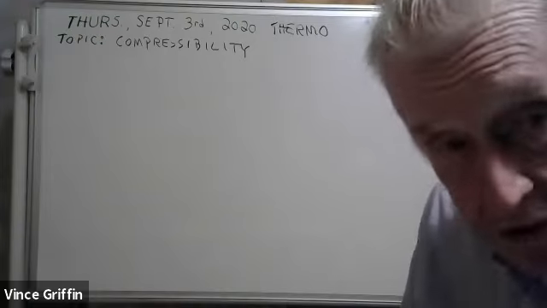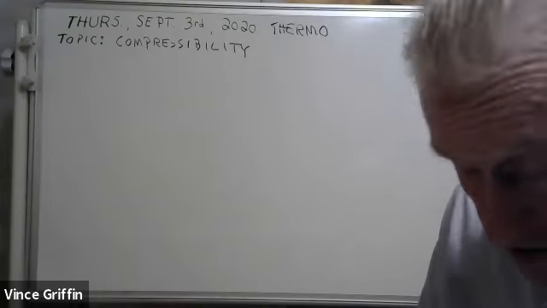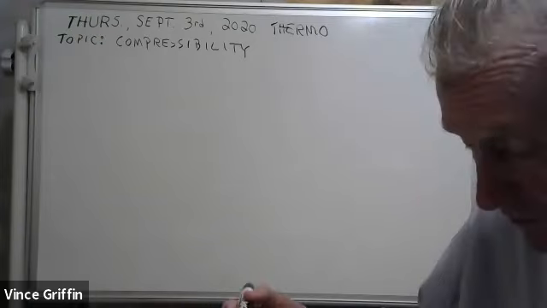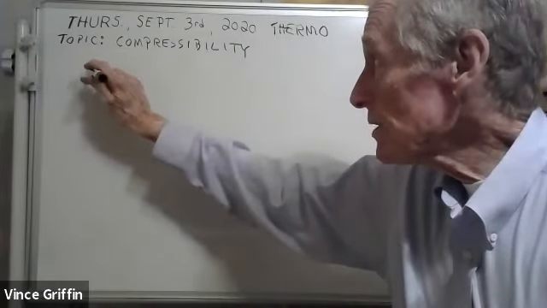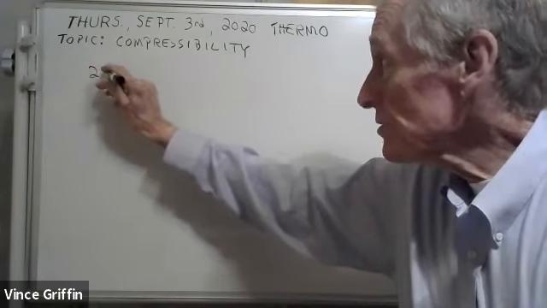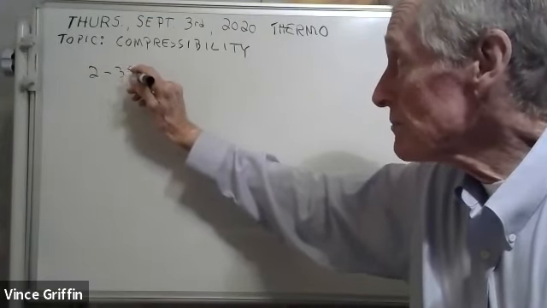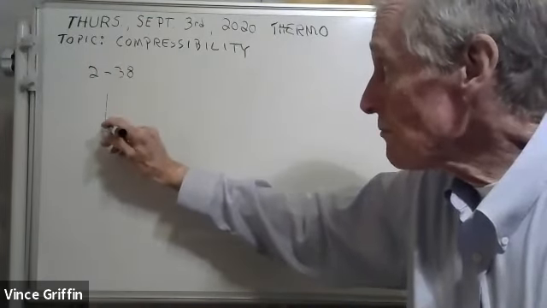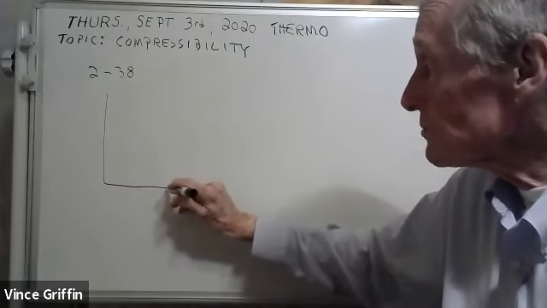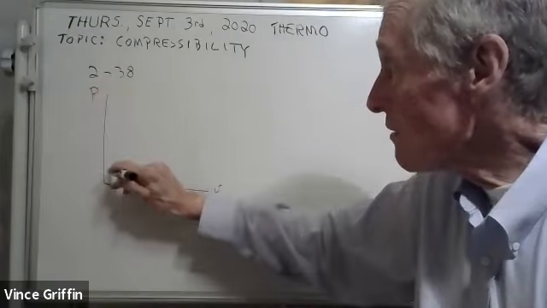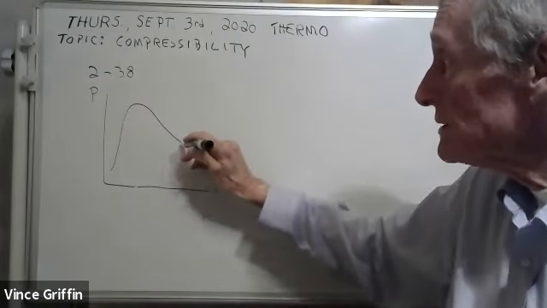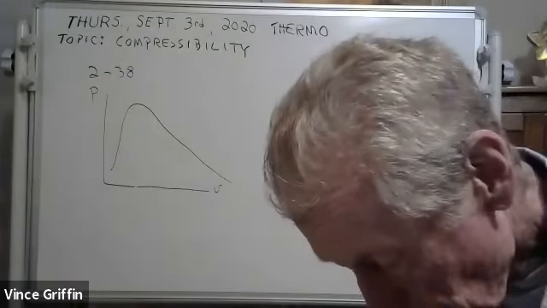Okay, now the secret to this class, Nicholas and the rest of you, are these PV diagrams. Nicholas wants me to do 238, and I don't mind doing it. But you've got to get your PV diagram. Now this is R410A.